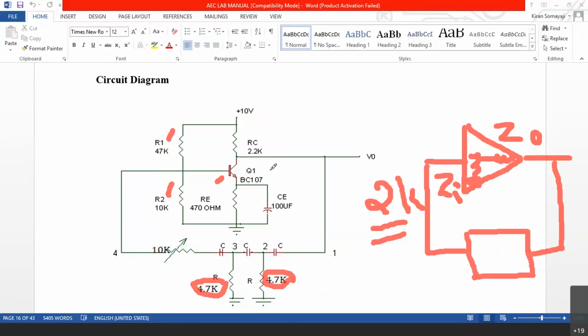Let us say 10 batches in the lab work with the same circuit, with the same transistor BC107, with the same values also, all the 10 batches will not get the same input impedance of 2K. Why? Transistor to transistor, beta is different, and resistors will have tolerances.